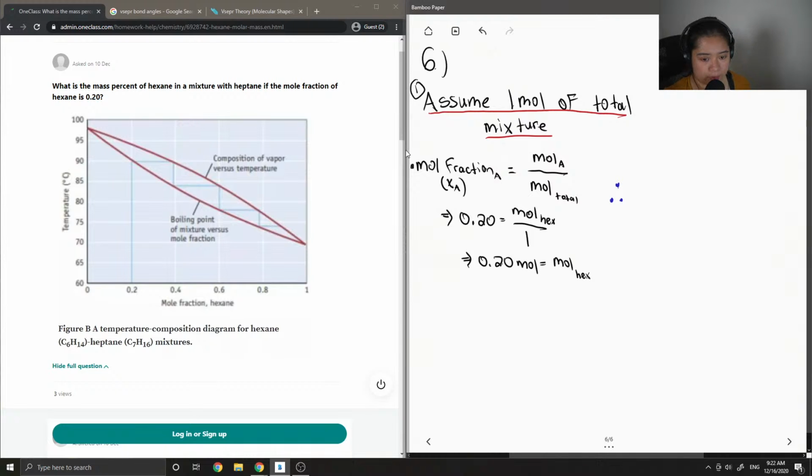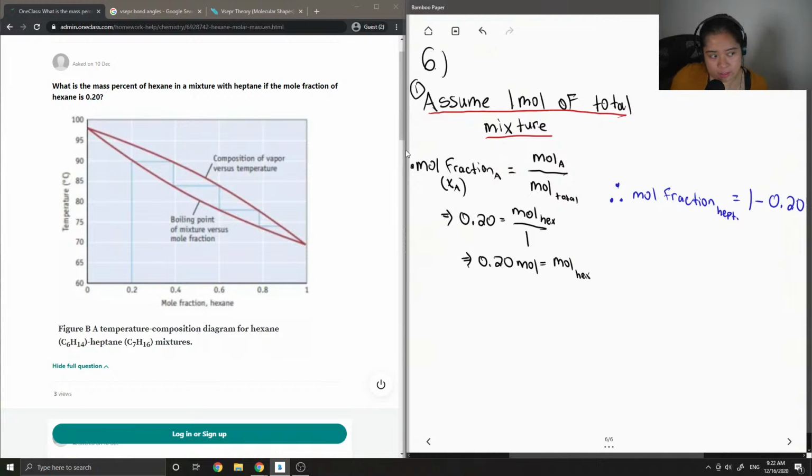So the mole fraction of heptane is equal to 1 minus 0.20.